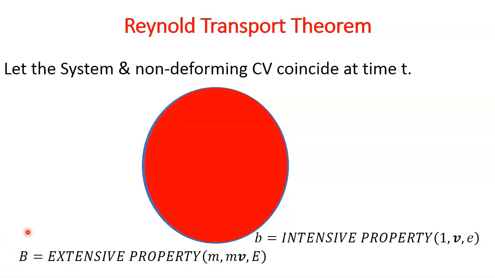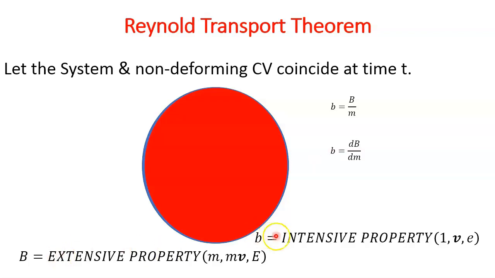The intensive property we shall represent by small b, and it is the extensive property per unit mass. So small b is equal to big B per unit mass, or the more appropriate point form of the same representation is b equal to dB by dm.